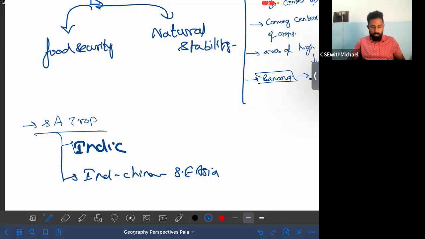Second one is Southwest Asia. Any idea what originated here? One particularly important crop has originated in Southwest Asia: the Arabian Peninsula, Turkey, the Mediterranean basin.